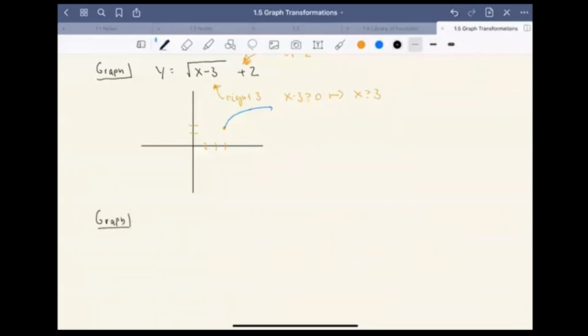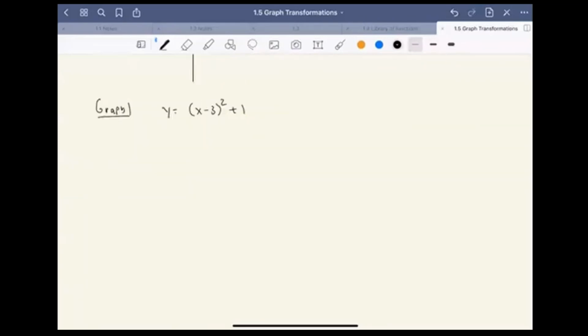Let's graph y equals x minus 3 squared plus 1. You know what, let's change that. Let's take that to be x plus 4 squared plus 1. Just to make things interesting.